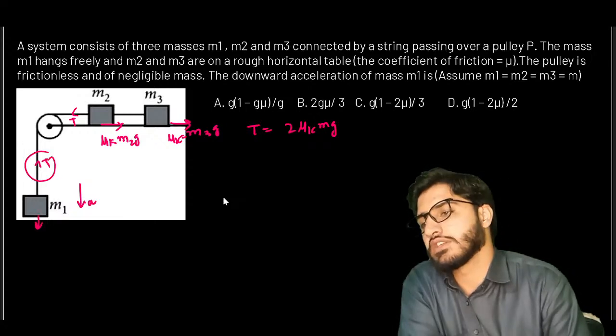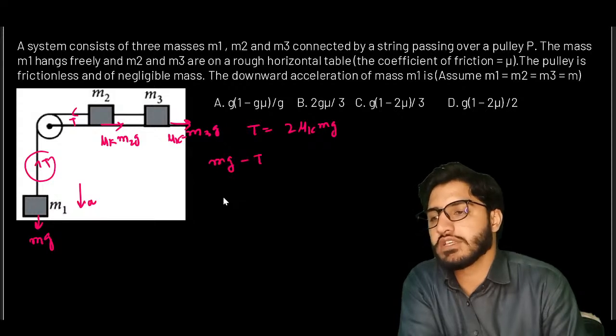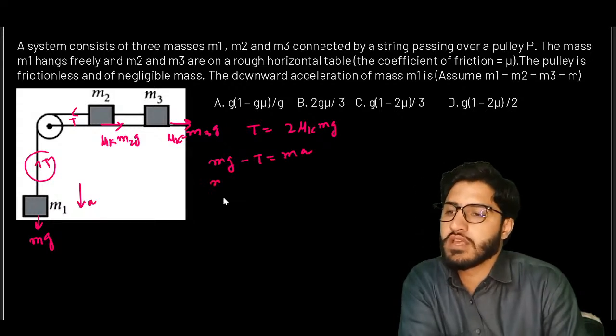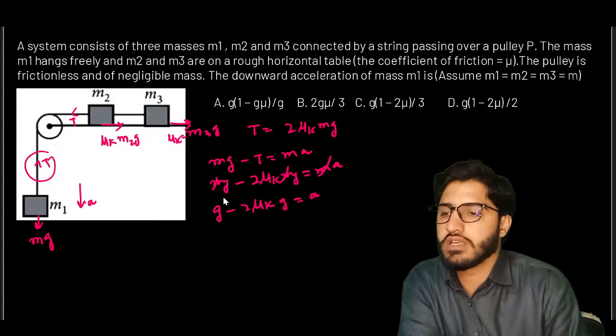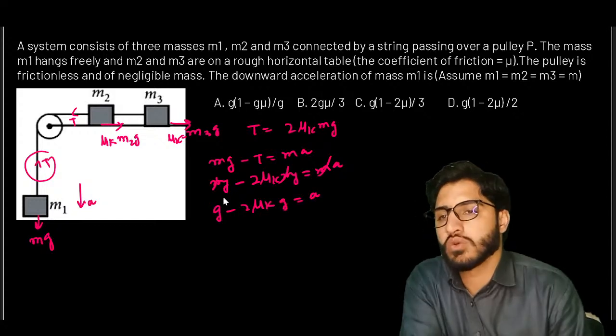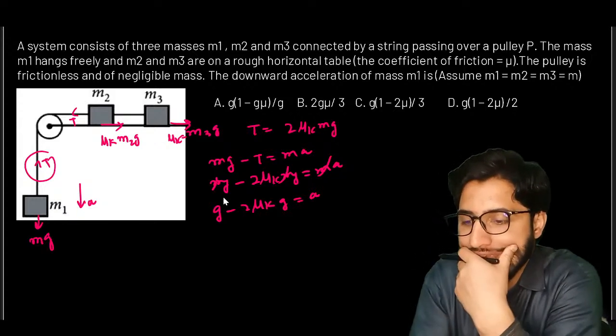Now mg minus T equals M into A. Mg minus 2 nu K mg equals M into A. M cancels out. So G minus 2 nu K times G equals A. So I need to find out A.